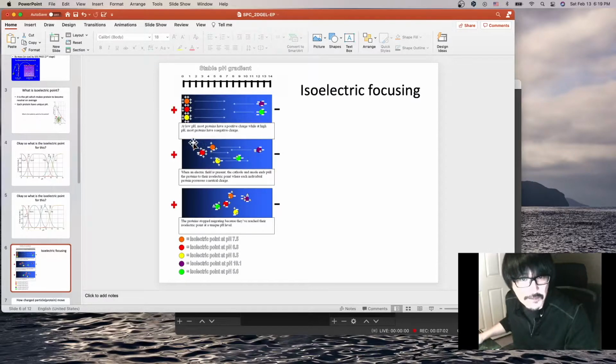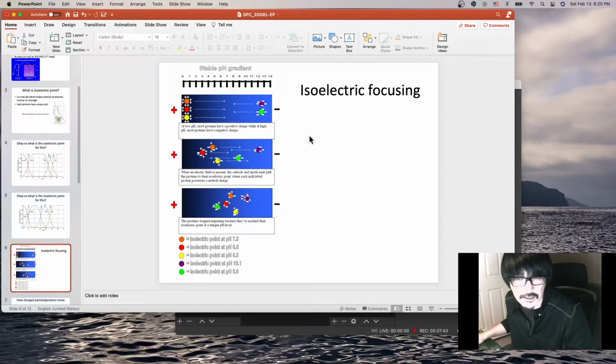So as it moves from left to right it becomes less and less positive, and for the basic part, it moves to the left and becomes less negative. At a certain point, it stops moving because it becomes net neutral, and a net neutral charge doesn't care what the applied electric field is, so it stops moving. That's the isoelectric separation.